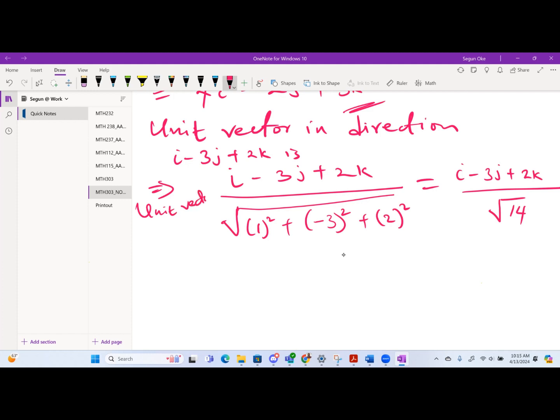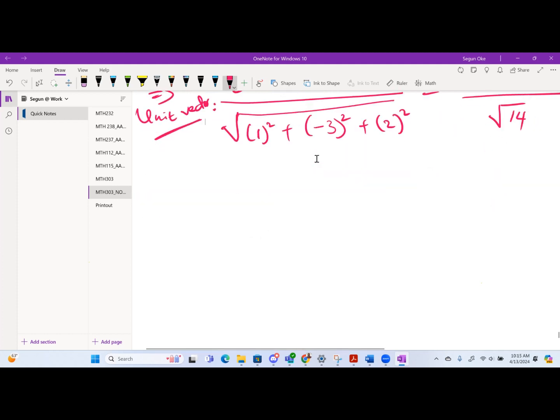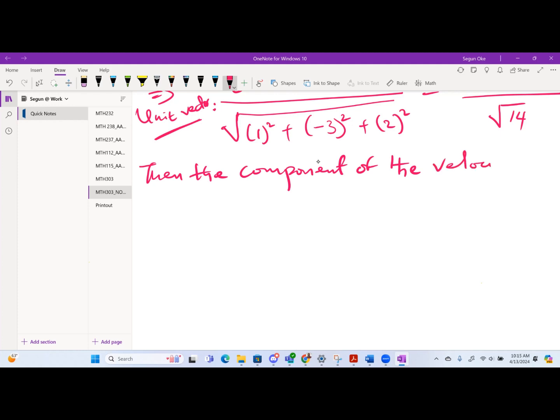So we can now calculate the components of the velocity in the given direction.